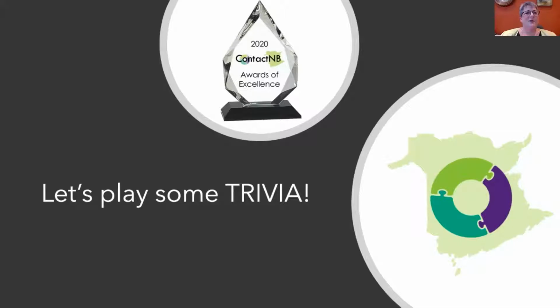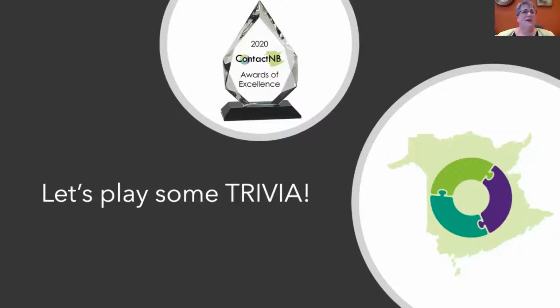We'll close this poll in 5, 4, 3, 2, 1. Okay, most of you responded with birds. 57% said birds. The correct answer is actually D, whales. Our Bay of Fundy is host to 12 different species of whales in the summer.